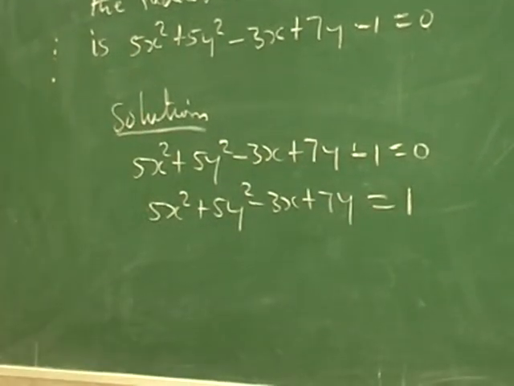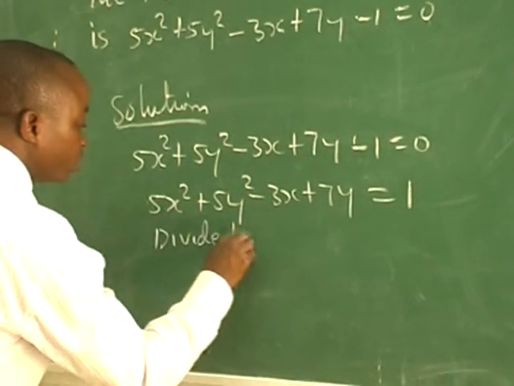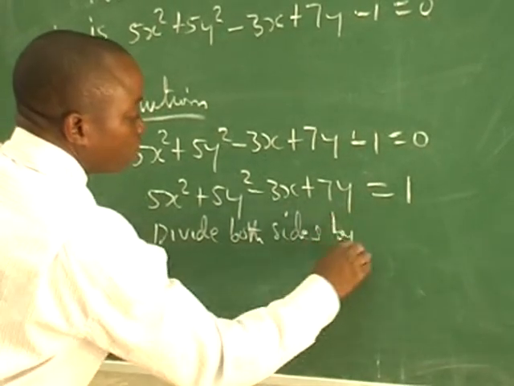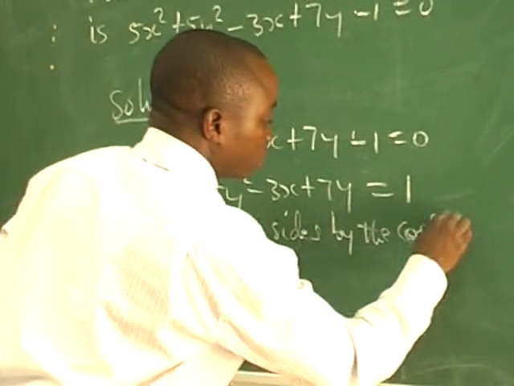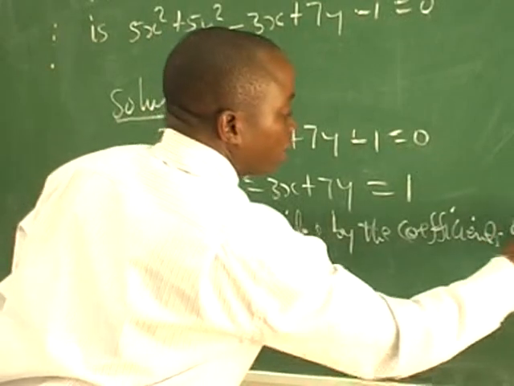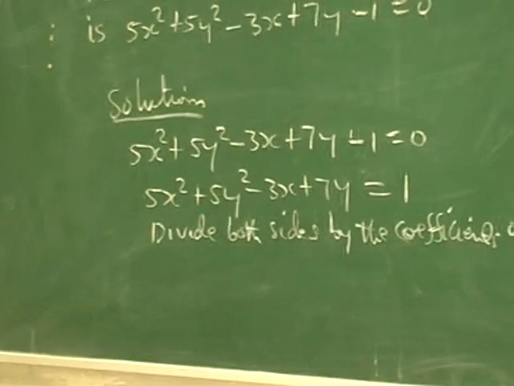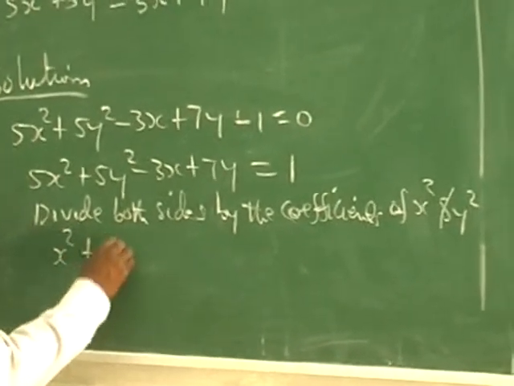And the next thing that we are going to do is to divide both sides by the coefficients of x squared and y squared. If you do that, we will have x squared plus y squared.